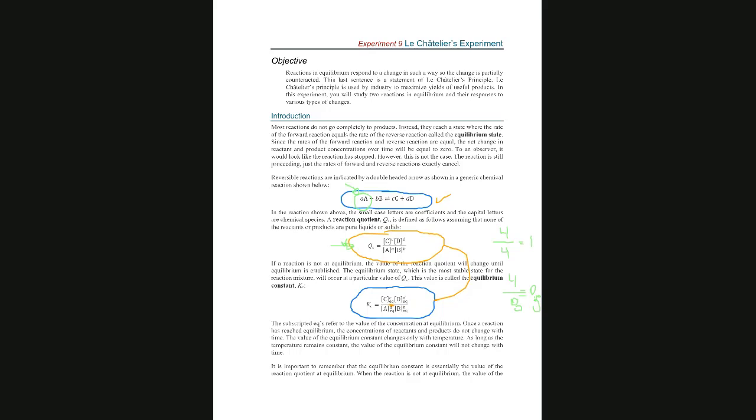It will be constant. This is interesting because we say that an equilibrium is a dynamic state, right? What does that mean? It means that the rate of the production of C is the same as the rate of the disappearing of C. That's why the net result is that the concentrations of the reactants and products at equilibrium don't change. Did I answer your question?